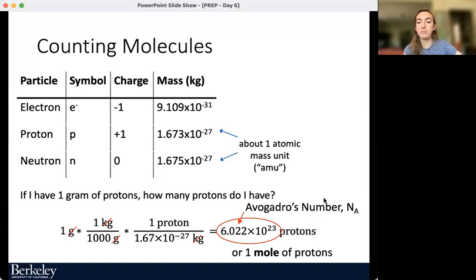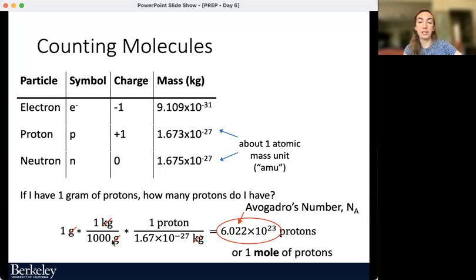So there's a question about how I did this unit conversion. I just did 1 divided by 1,000 divided by 1.67 times 10 to the minus 27, because these are on the bottom.